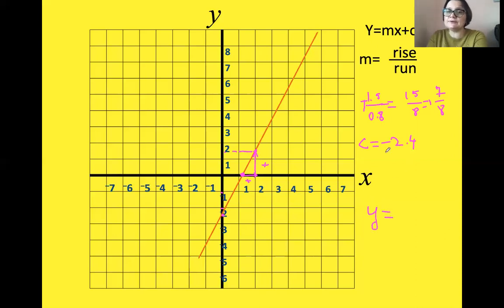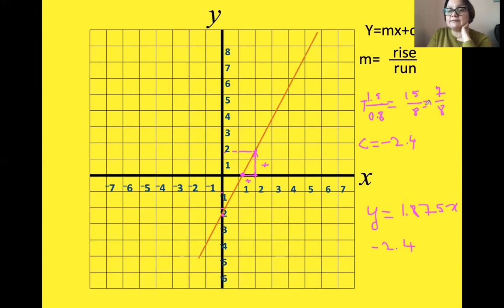After we substitute, if you have a calculator, you can calculate 15 divided by 8. If the question asks you to put the answer as a decimal number, then 15 divided by 8 is 1.875, so it's going to be 1.875x, and then the c is negative, -2.4.